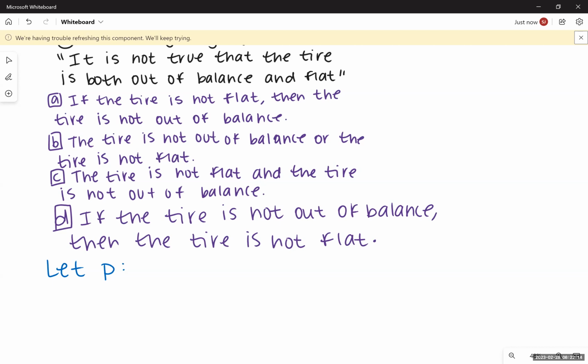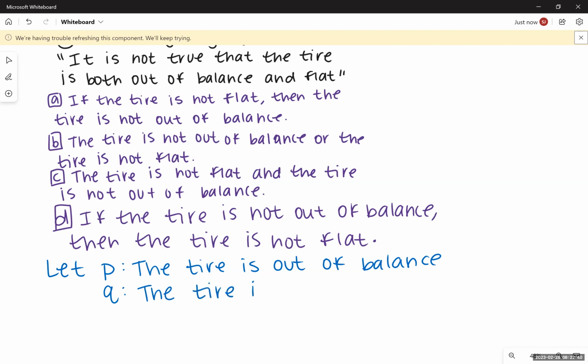So I want to take the 2 different things that are being said, that the tire is out of balance and that the tire is flat. Okay, so we're going to let P be the tire is out of balance. And then we're going to let our simple statement Q be the tire is flat.